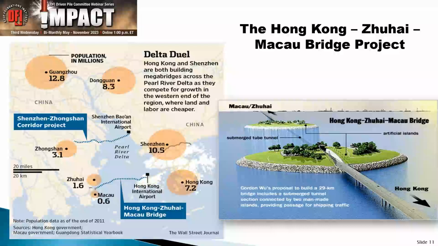Obviously, you need to transition between the bridge and the tunnel, and then we just put some artificial islands in there, and we just draw some trees on this whole thing, and that's simple. The drawing, very simple indeed. No major problems to draw that. In reality, though, a little bit harder.